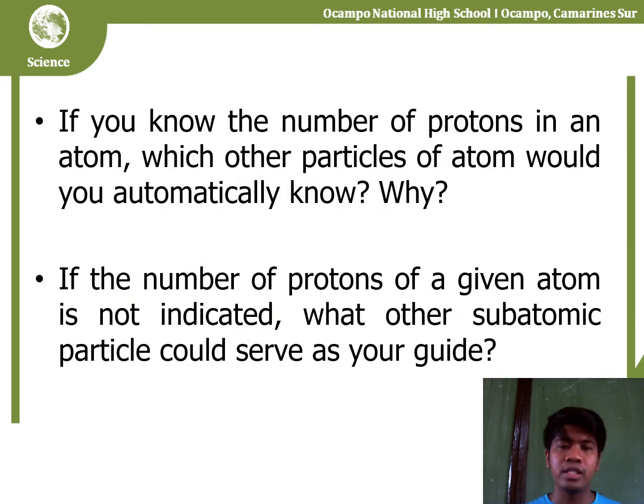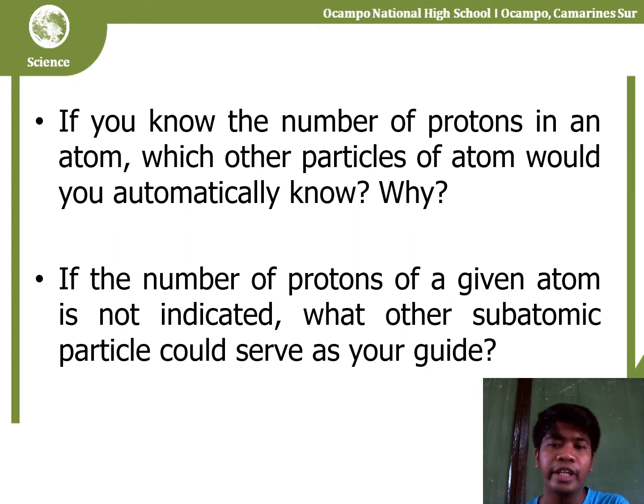Okay. Now, let us elaborate our discussion. If you know the number of protons in an atom, which other particle of atom would you automatically know? And why? Kung alam niyo yung number of proton ng isang atom, ano yung isang particle ang madali niyong malaman? It is the number of electron. Bakit? Kasi they are just equal.